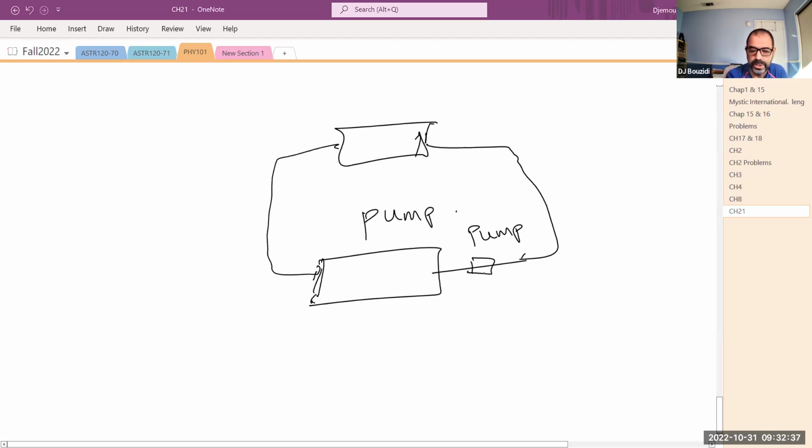Then when the water reaches the pump, the pump will push the water again. Usually it's inside the reservoir because somehow it needs to drag the water out. So it takes the water through the pipe, then it's used, and then it's going to be recycled again. So this is basically how the analogy is.